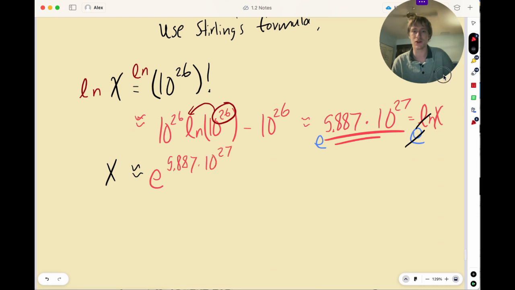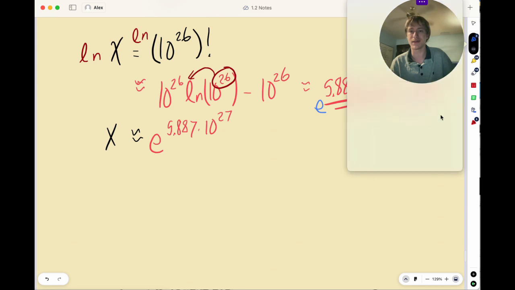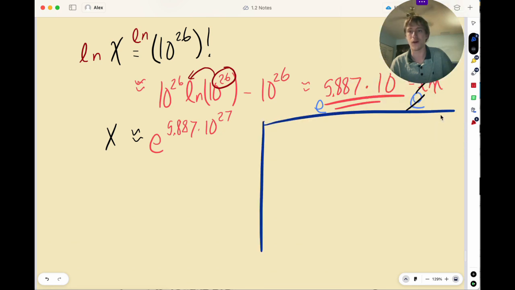Now, unfortunately, that doesn't really mean a whole lot to me because I like base 10. It's called a common log for a reason. So how do we go from natural log to common log again? Well, let's see. This is some side work, just to recall. If we say 10 to the a is equal to e to the b, and I have b and I want to figure out what a is, I'm just going to take ln of both sides, and the exponents move to their rightful places.